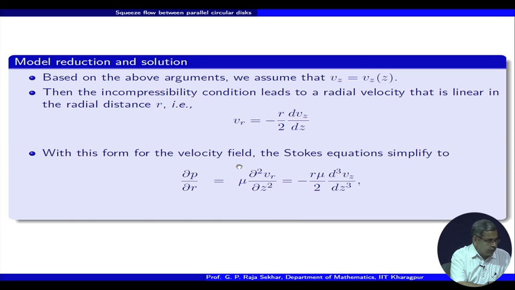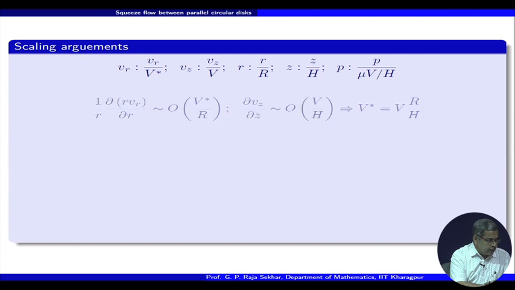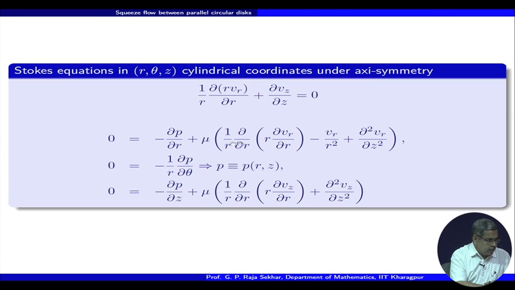Now we have to get the corresponding momentum equations. Again, here it is very easy to observe. Please pay attention to the r momentum equation. We have obtained V r is some constant, a function of z, times r. So this is r in the numerator and r square, so this is 1 over r.